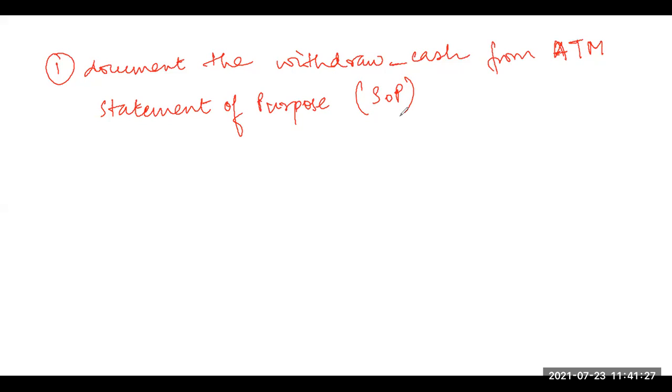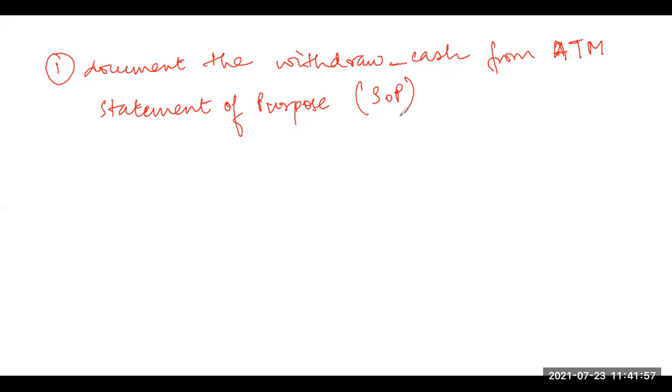However, the functionality of withdrawing cash from an ATM is obvious to anyone who has used an ATM card. Since it is obvious how this withdraw cash mechanism works, I am not showing the SOP here.